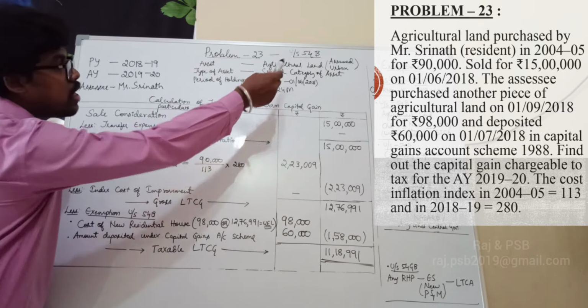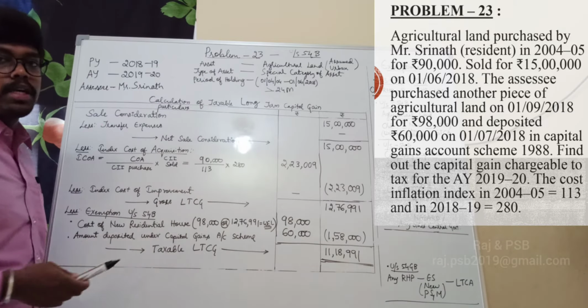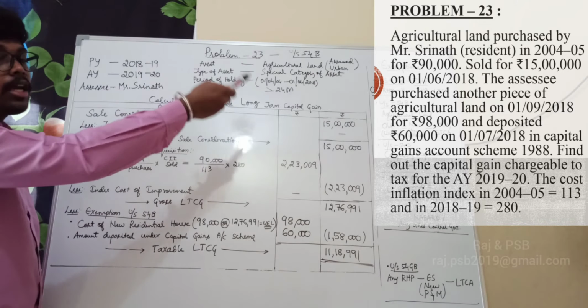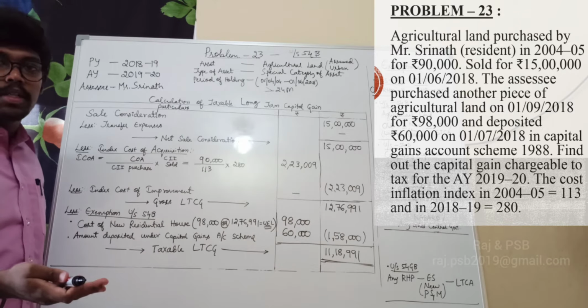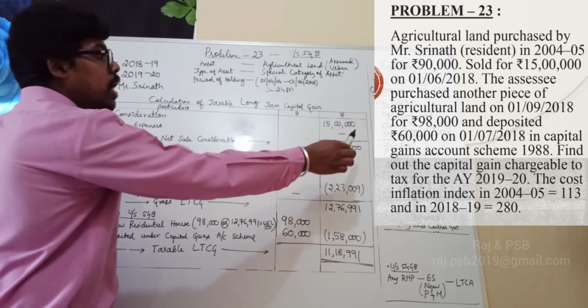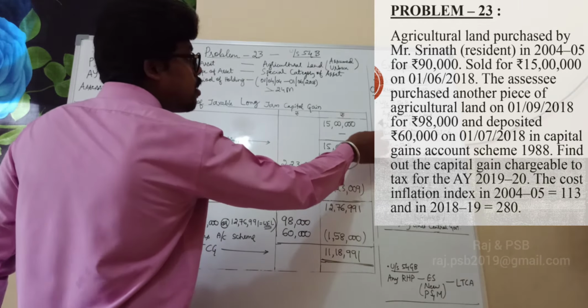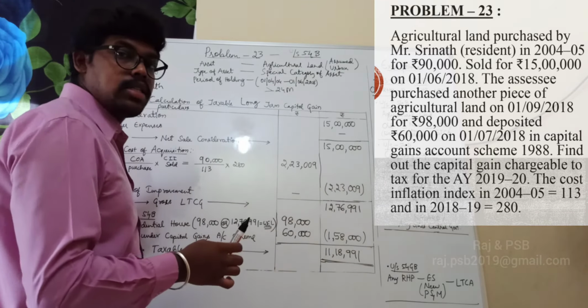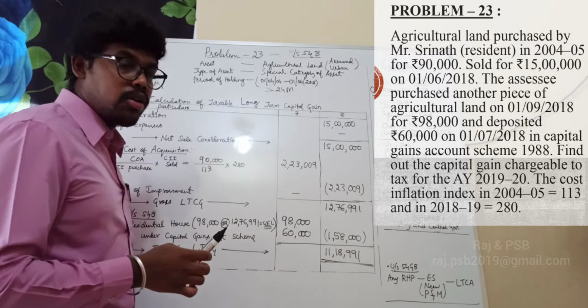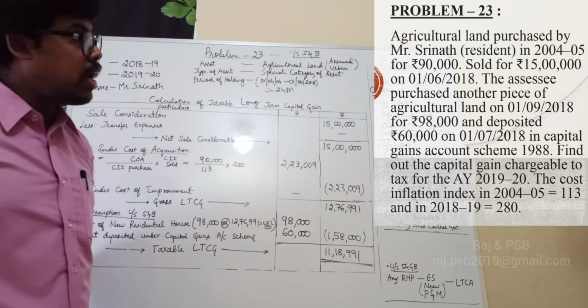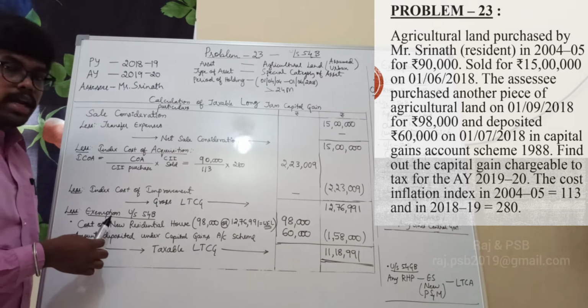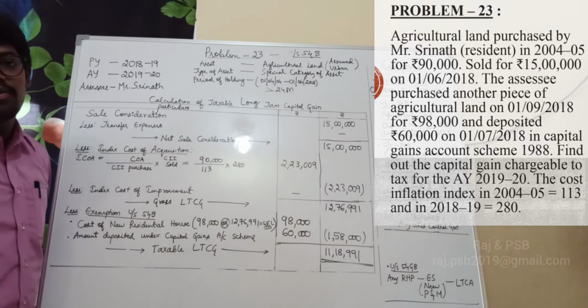It is agricultural land, and we have assumed it is in the urban area, and the investment is in what? The new asset being purchased is again agricultural land. Any agricultural land sold by the assessee which was held in the rural or urban area, and purchased new agricultural land, is what they are saying. So the same situation is there, so we can give the exemption under section 54B.